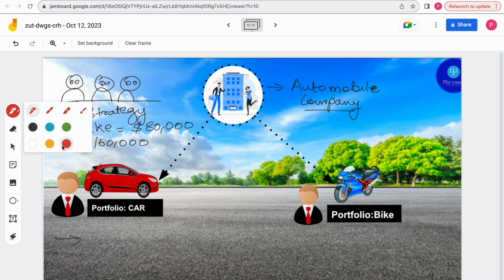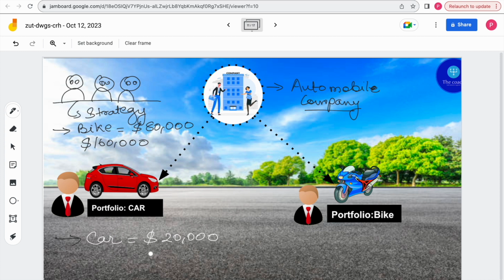For car, I hope you are able to see. Let me try with another color. Okay, car. For the car portfolio, they are going to invest $20,000 since last year the sales were not good, and based on that they are expecting an ROI or profit of $80,000.